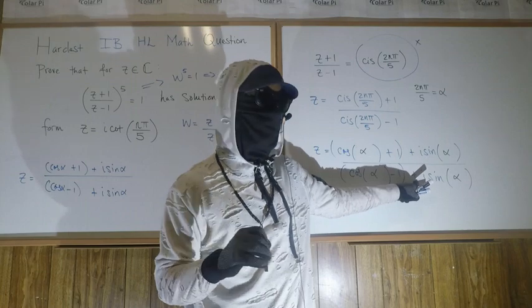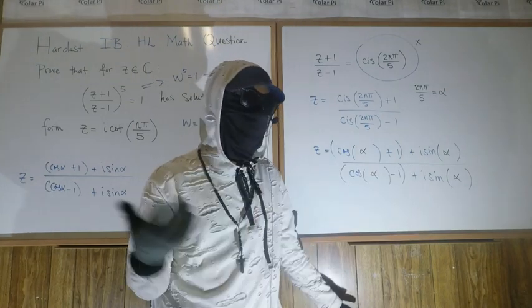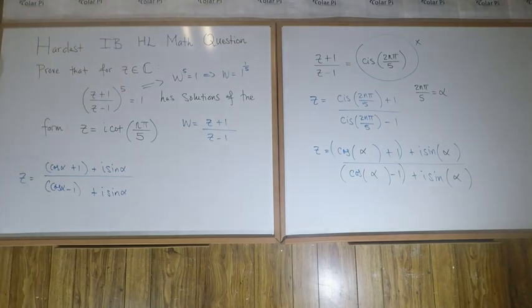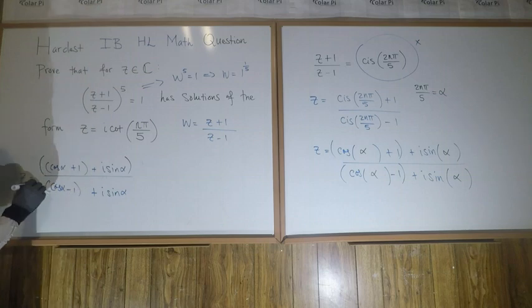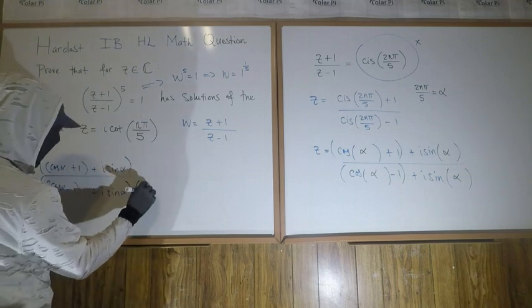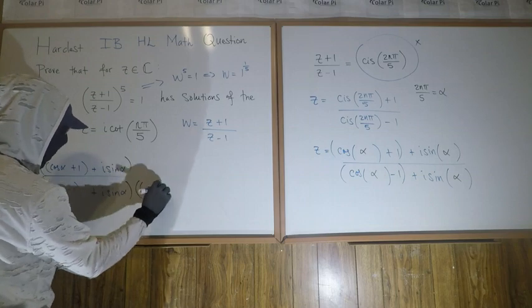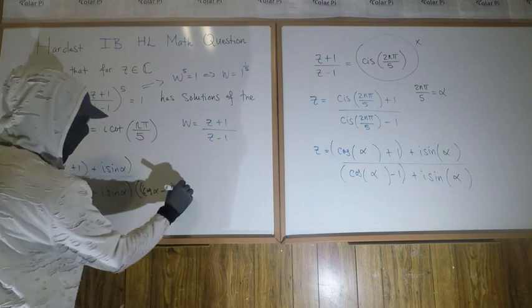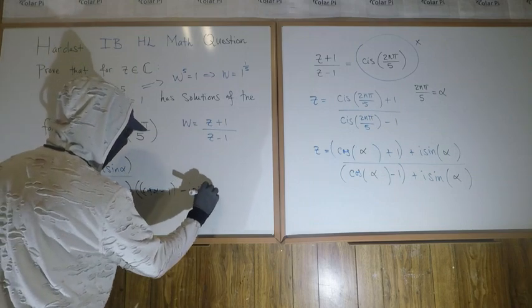It's a plus, as it should be, because obviously we would have done a lot of work to no avail otherwise. Okay, so now, multiplying by the conjugate of the denominator, as I said, we're going to have cosine alpha minus 1 and then minus, right? I'm changing that sign right there, minus i times sine of alpha, right?